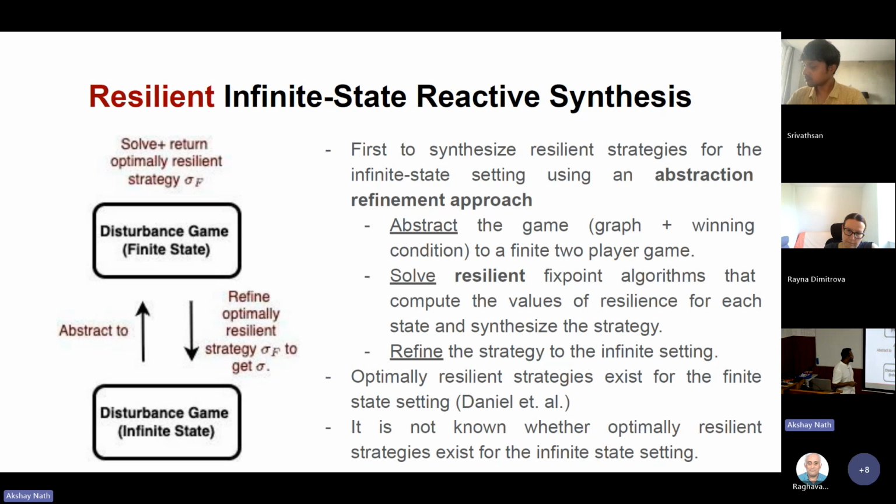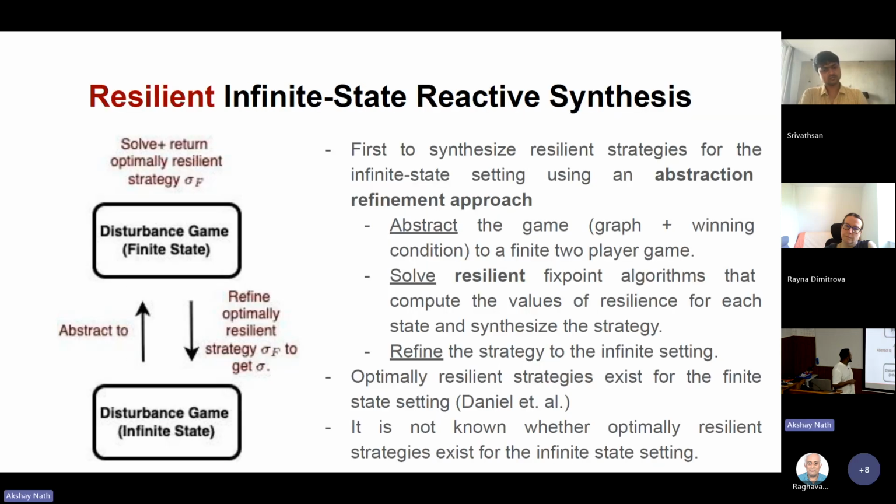What we do is, given a disturbance game, an infinite state game here, we first abstract the game, which is the graph and the winning condition, to a finite two-player game with a winning condition over that finite game, and solve using resilient fixed point algorithms that compute the values of resilience for each state and synthesize the strategy.